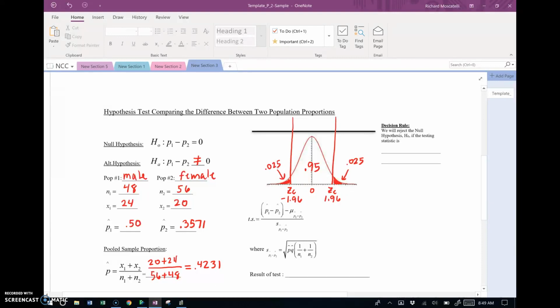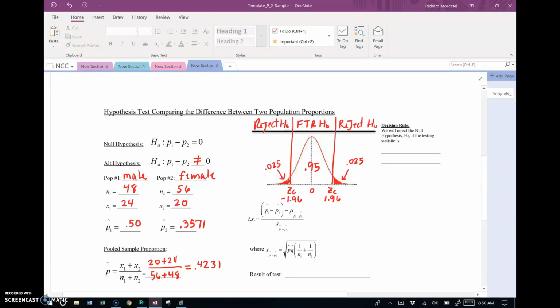My surface isn't behaving so nicely right now, it's jumping around a little bit. I apologize for that. Probably needs to update. So let's label our decision rule. Here's where we'll fail to reject. Remember, there are 2 critical regions, so there are 2 rejection regions: reject the null, reject the null.